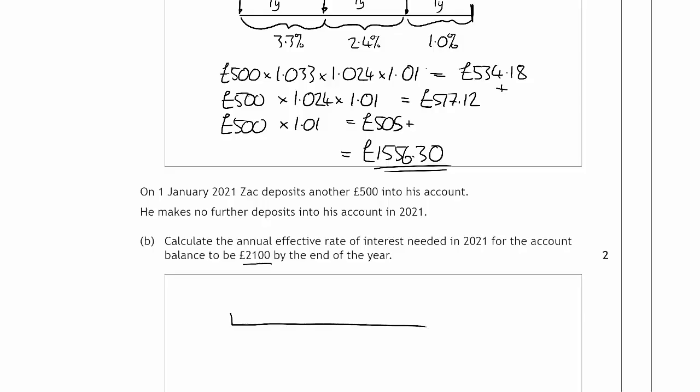So what we've got is we've got the 1st of January 21, there's another £500 put in. At the end of the year, okay, so that's the 31st of December 21, okay, we want to have this amount of money.